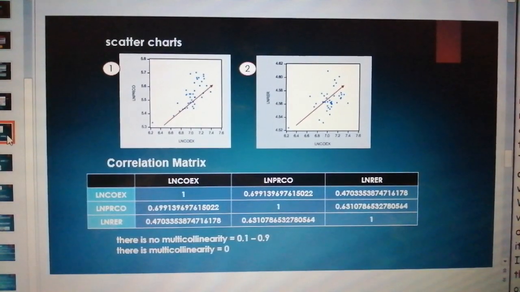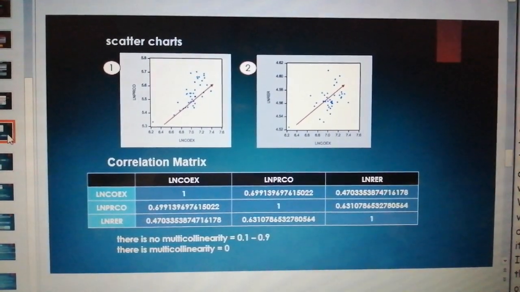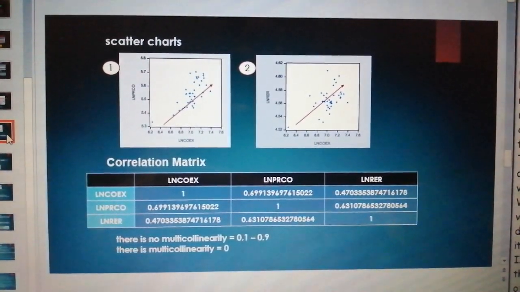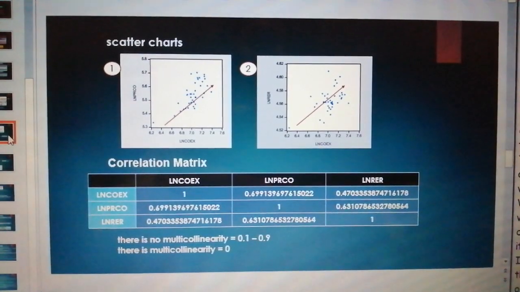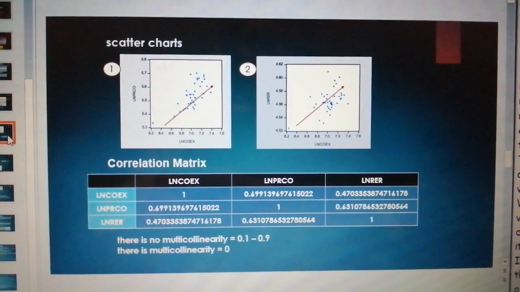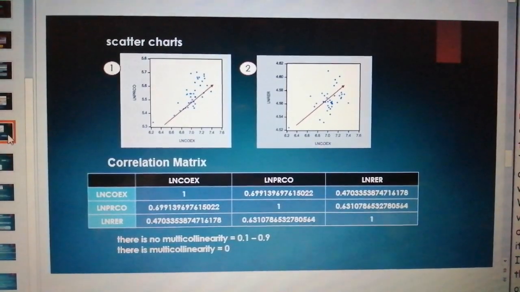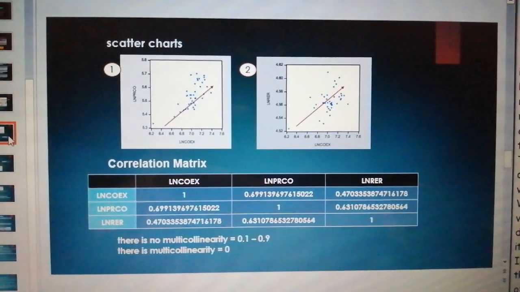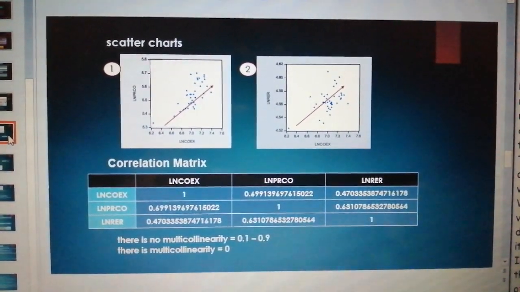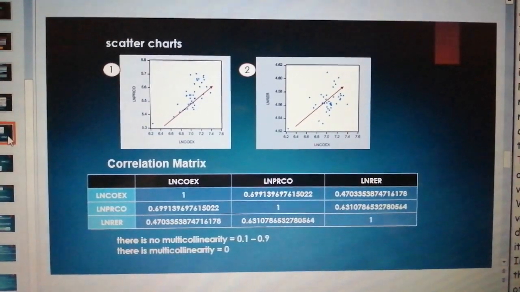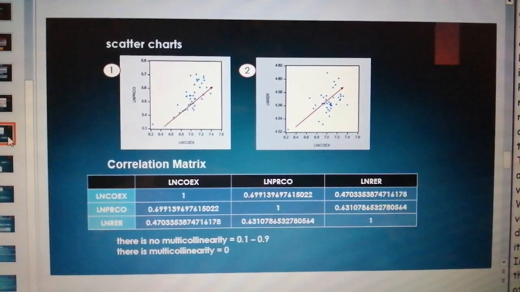To prove that the model is consistent, we analyze the assumptions of the model. First, we analyze whether there is linearity between the variables, copper price and exchange rate, with Peru's copper exports. For this, we verify by means of scatter charts.